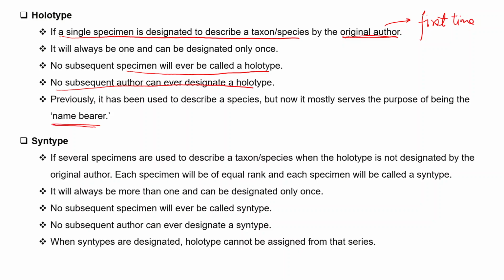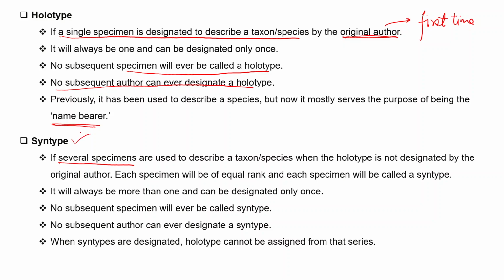Now, sometimes it may happen that while the author was describing or defining a species, he did not find a single specimen which best showed the characters. Rather, that purpose was served by several specimens or a series of specimens. So, if more than one specimen is used to describe a taxon or a species originally, and a holotype is not designated by the original author, it will be called the syntype.